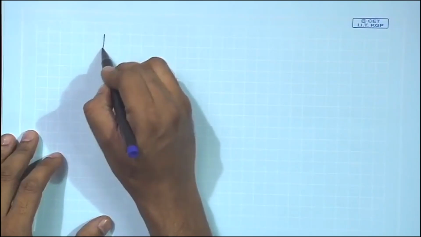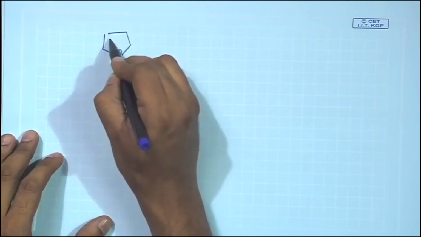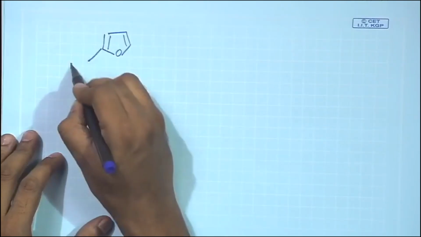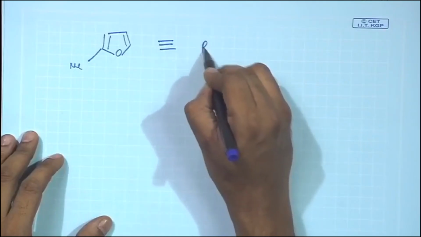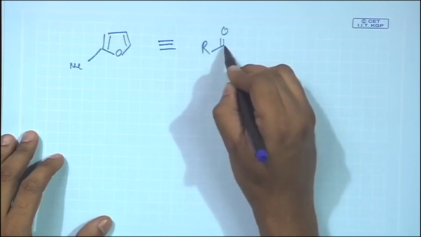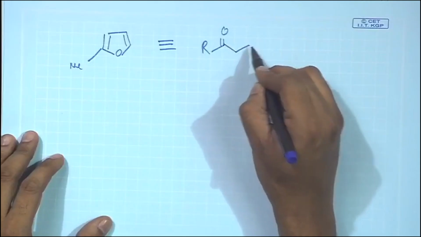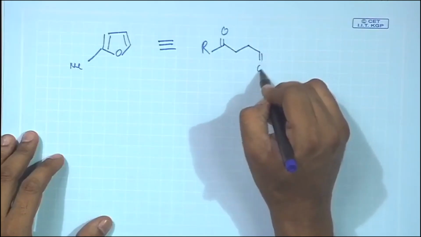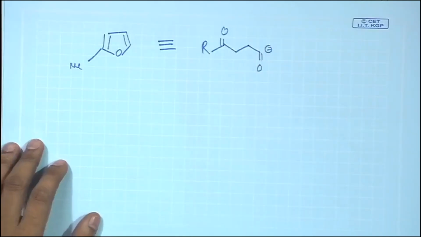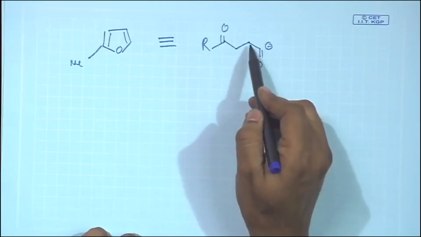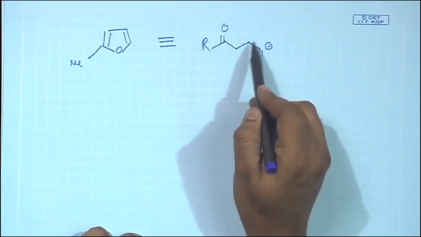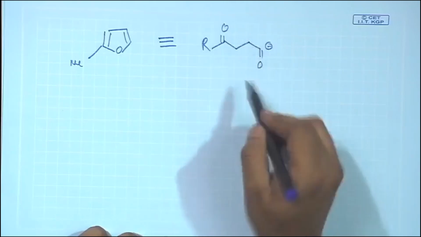We are saying that a properly substituted furan, which is basically this methyl, can act as an R-C=O, CH2 CH2 C=O minus. Now, this is also an ampolong, but it is an ampolong where the number of carbons has been increased.